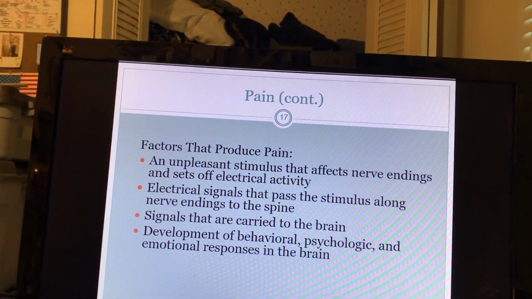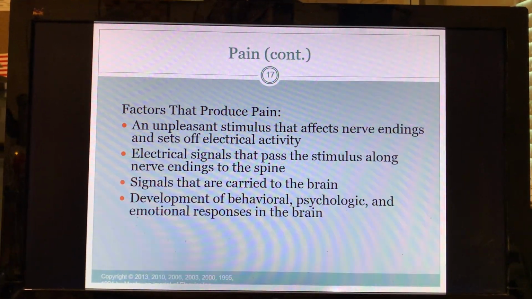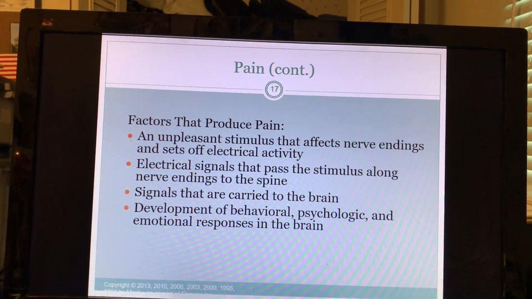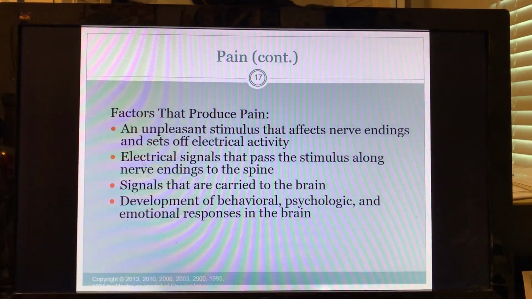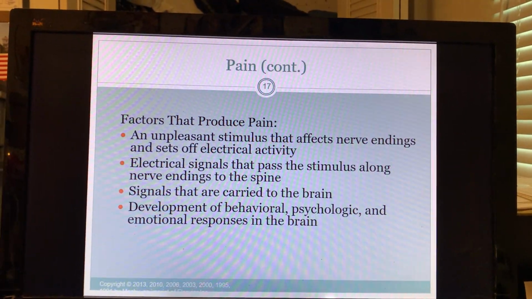And there's a huge spectrum of responses that are going to come into play after an experience like this.